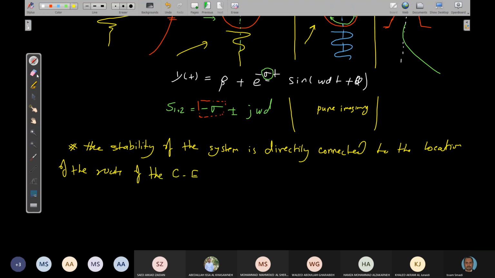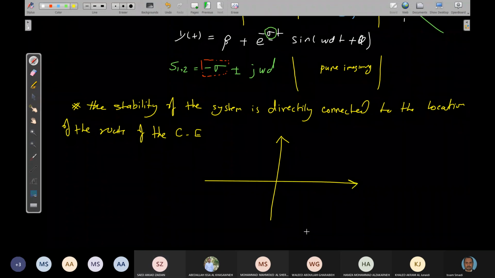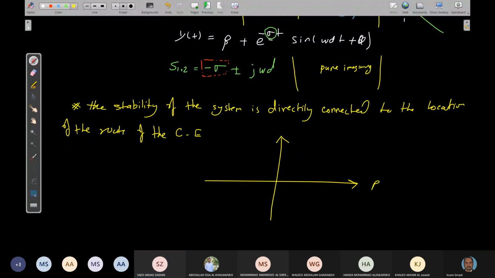The meaning of the location is what? If this is the complex s plane, and this is the real axis, and this is the imaginary axis, left or right of the imaginary axis.